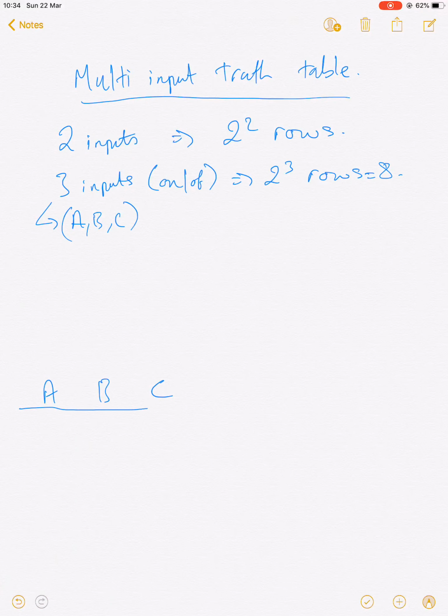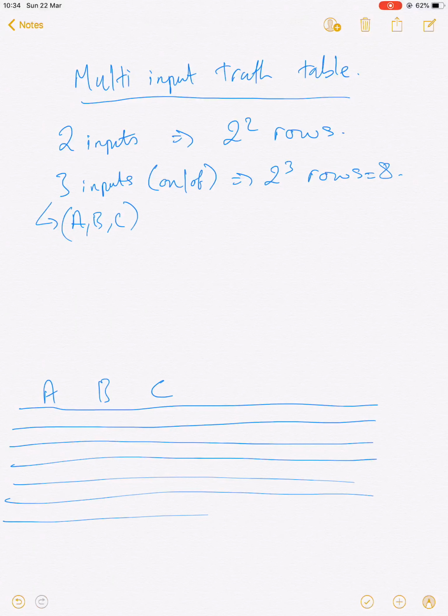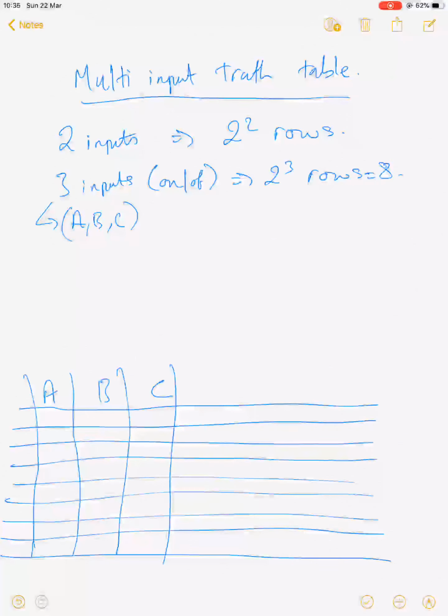Okay, so let me have a look. We're going to have 1, 2, 3, 4, 5, 6, 7, and 8. Right, so we have 8 rows, and essentially we need to know how we construct the various combinations. The best way to do this is to start with the initial letter.